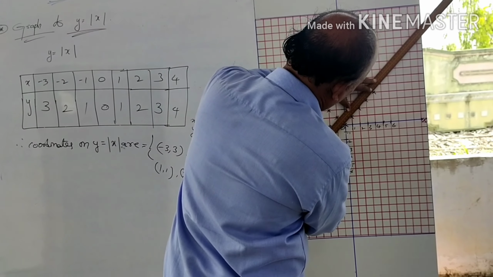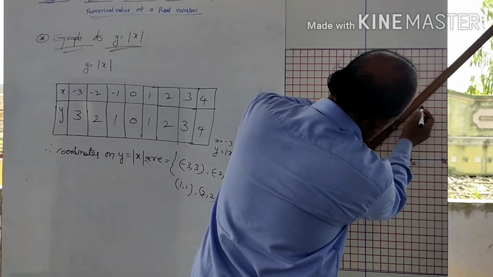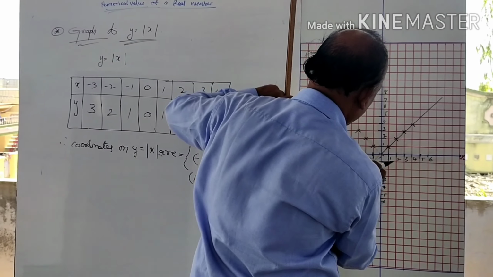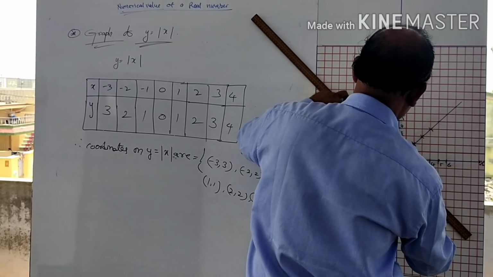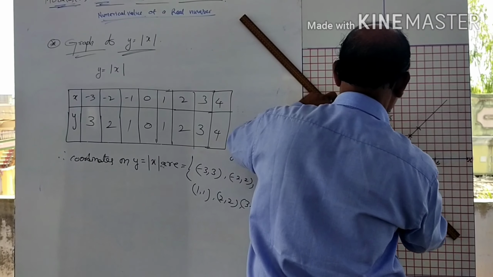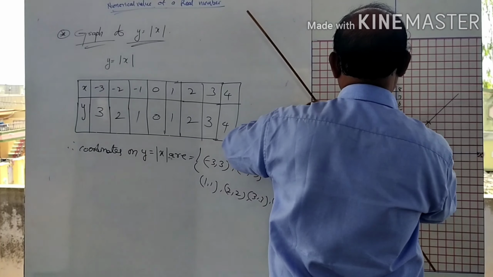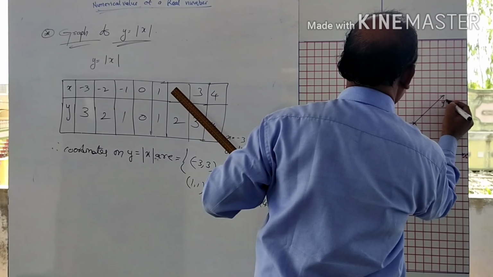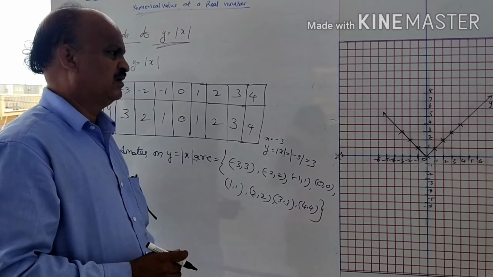If we join all the points with the straight line, it is the graph of y equal to modulus x. And that's the problem.